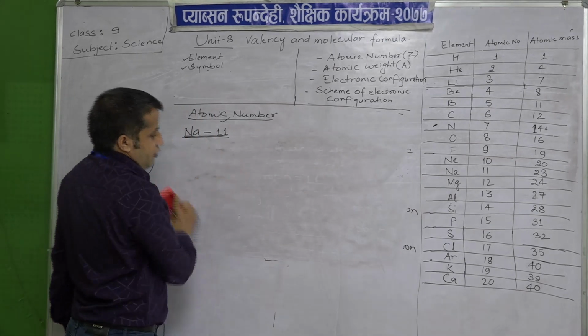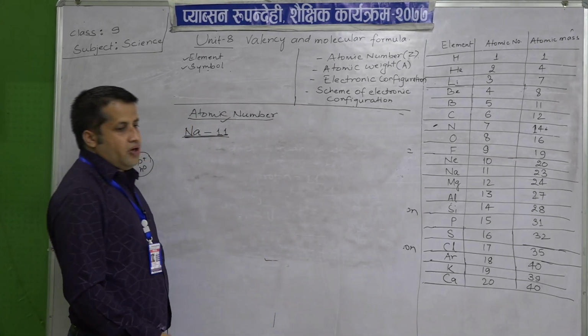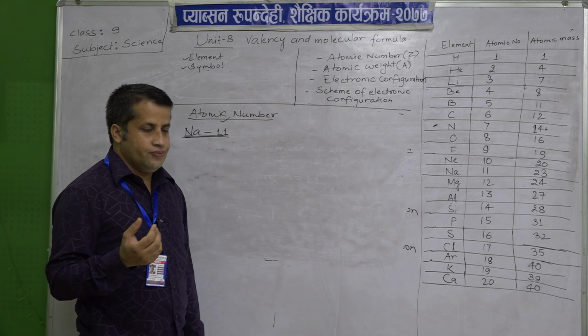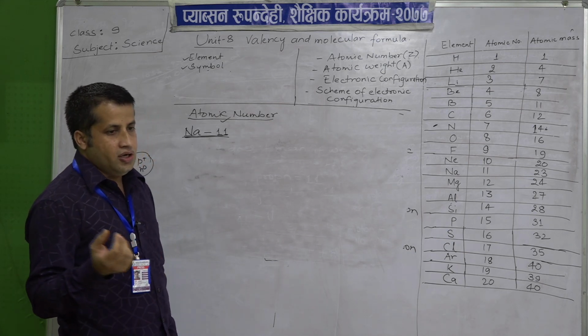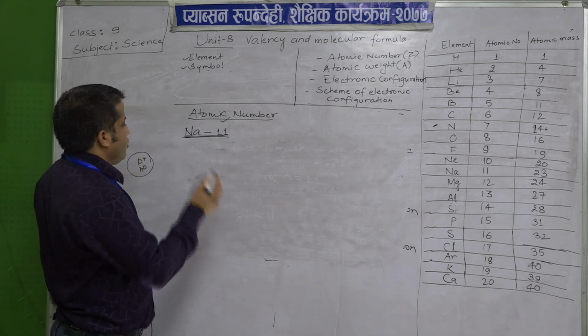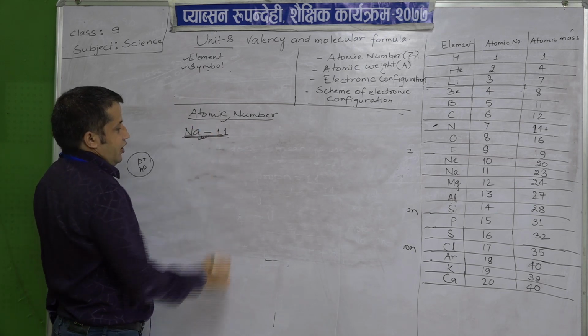you are provided with two terms, that is atomic number and atomic mass, given to you in some numerical. It is there in your book also. Suppose it's the same example I will take.